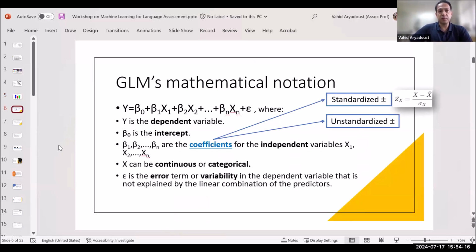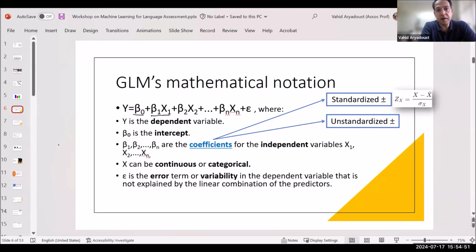So far, I have been talking about simple linear regression, everybody. What about multiple linear regression? As the name implies, multiple linear regression has multiple independent variables. As you can see in this mathematical notation, we have an intercept, we have the first independent variable, which is x1, and it has a slope, which is beta 1.